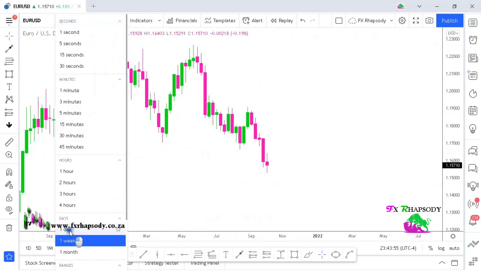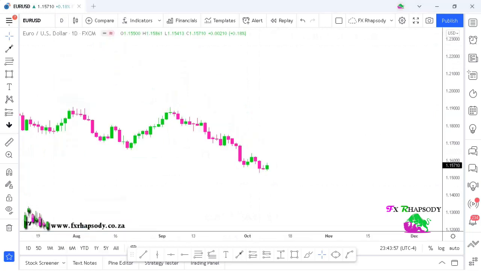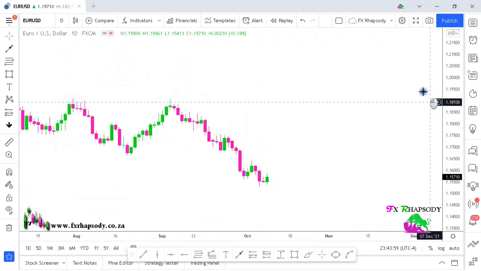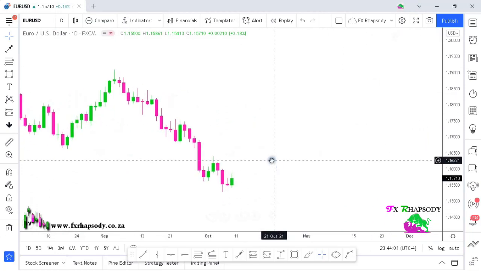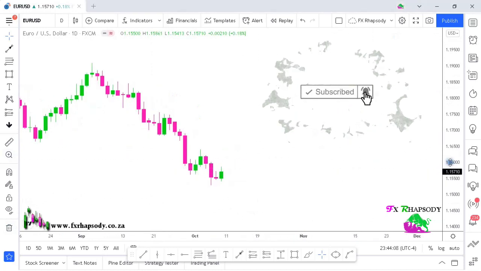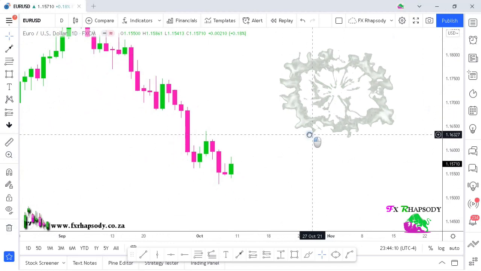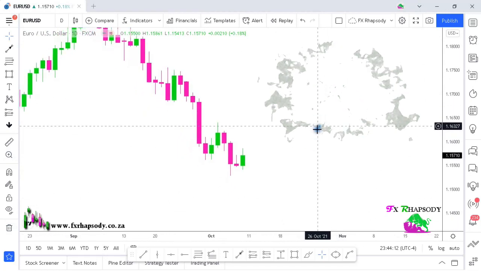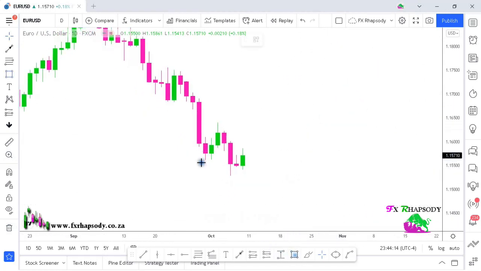On a daily time frame, let's just expand this a little bit. What we want to see is this area over here.